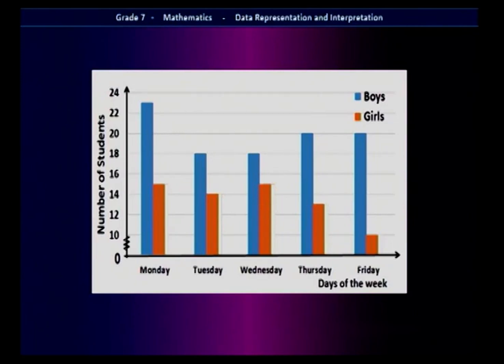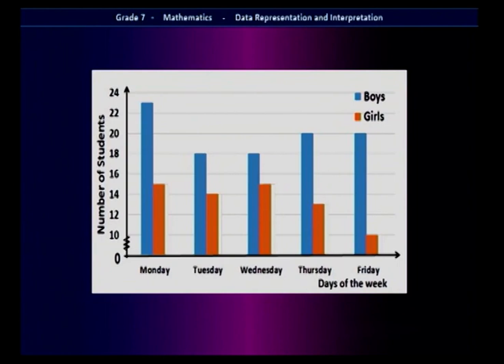But don't forget, we have to use two colors, or you can use another pattern. Here I use the color blue for boys and red for girls. Then on Monday, both boys and girls are represented here. It is very nice, isn't it?